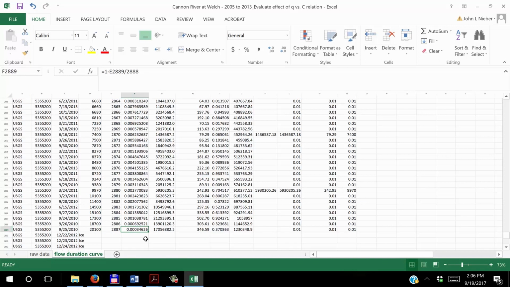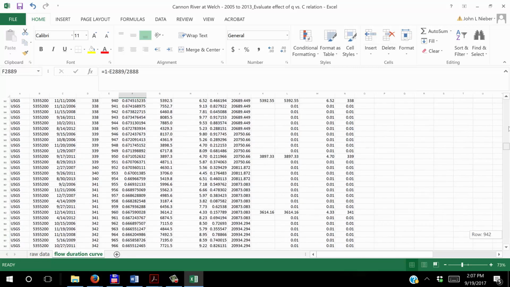So if we divide it by 2,888, it gives me a slight probability that there would be a larger value than the 20,100. This is a normal analysis procedure that's used in ranking maximum flows and so on for flood probability analysis. Okay, so anyway, that's a simple explanation for that.